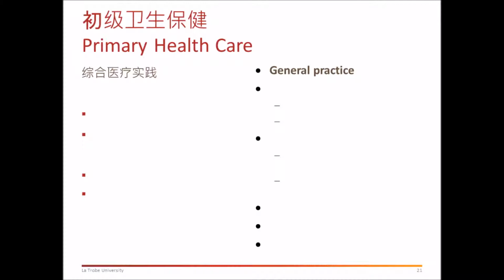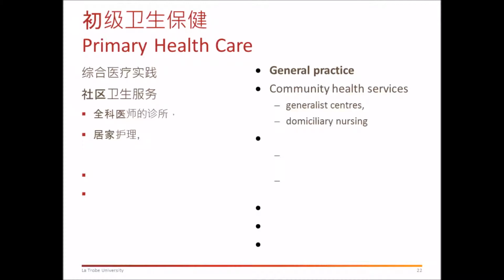Primary care in Australia is predominantly delivered by general practitioners in general practices. What's not on this slide and should be is the role of pharmacists in providing community primary health care and advice. It's also able to access primary health care in community health centres and through domiciliary nursing.